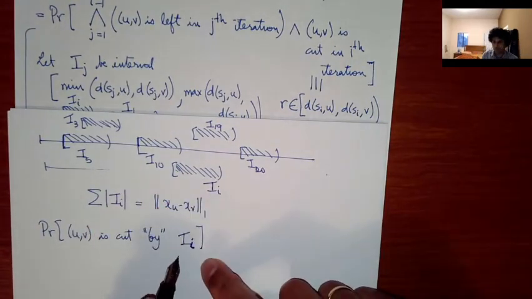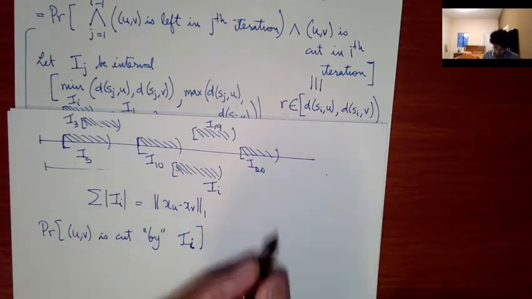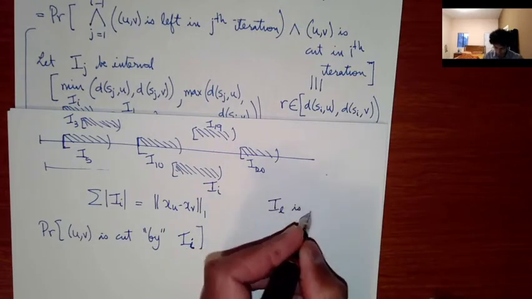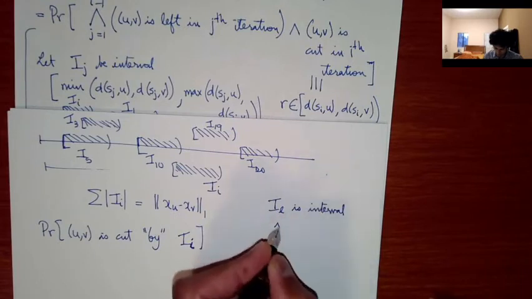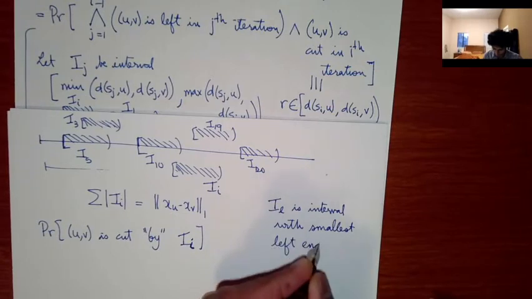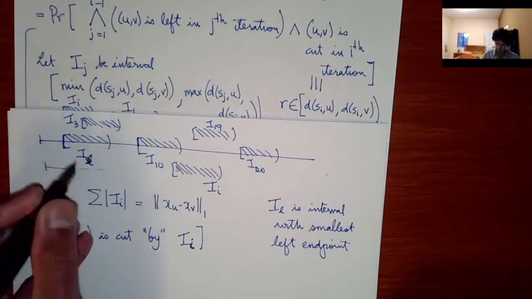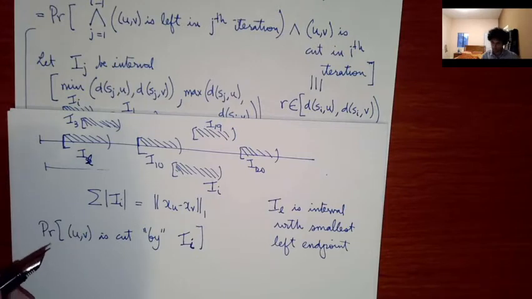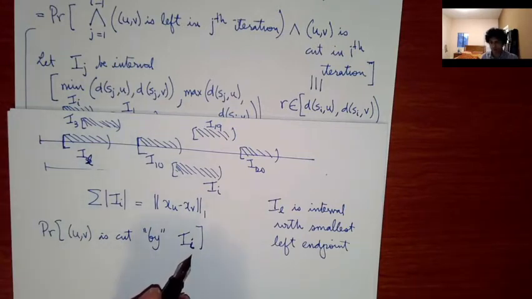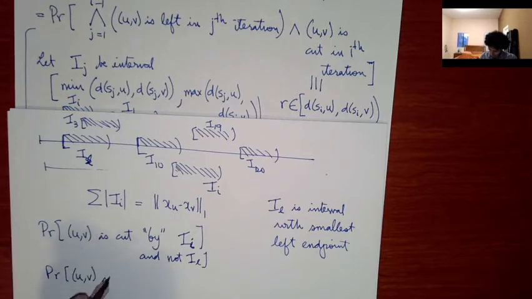What is the probability that UV is cut by I_i and not I_L? And then I can look at the probability that UV is cut by I_L.